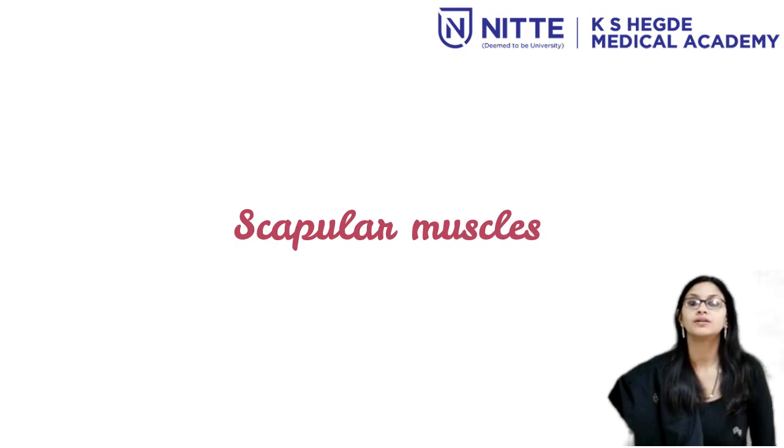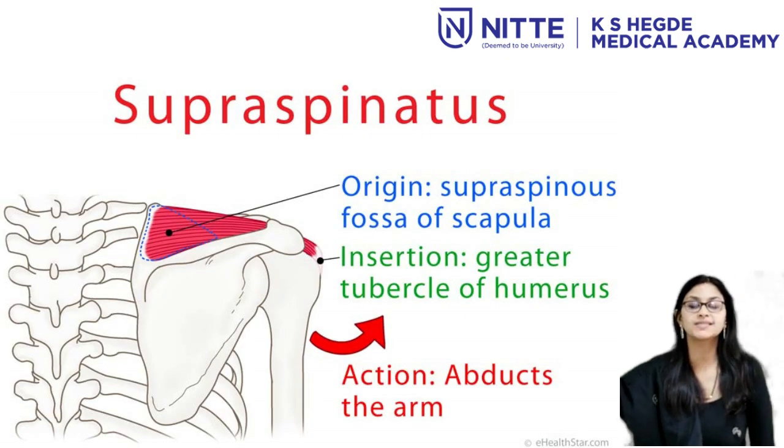Now, let's discuss the muscles one by one. Supraspinatus takes its origin from the medial 2/3 of the supraspinous fossa, the superior surface of the spine of the scapula, and the fascia covering the supraspinatus.